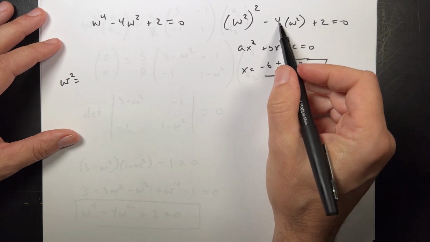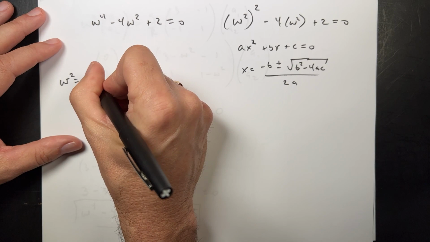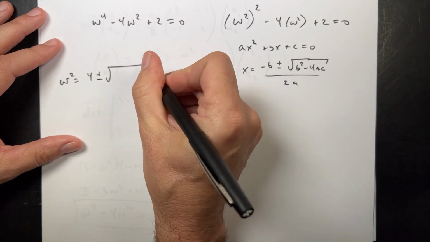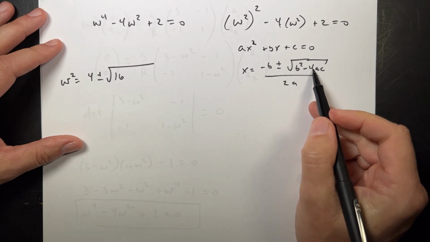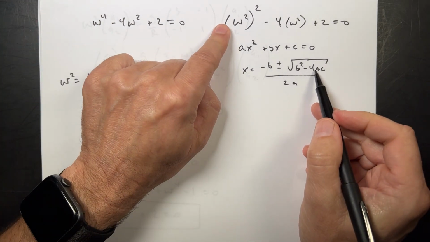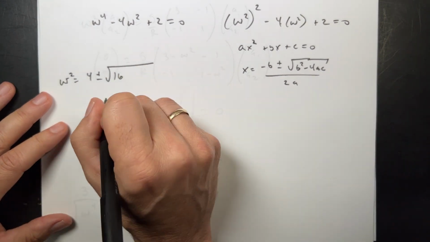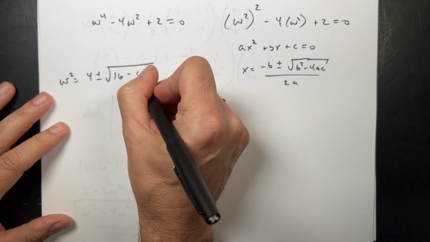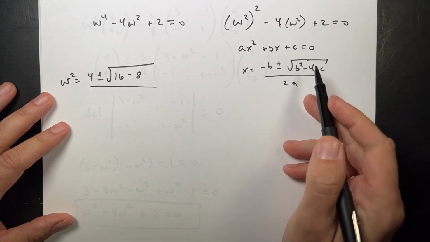So negative b is 4, right? Because b is negative 4. So I get 4 plus or minus the square root of b squared, so it's 16, minus 4 times a is 1, c is 2. So 4 times 2 is 8. So minus 8. All that over 2 times a, which is just 2.